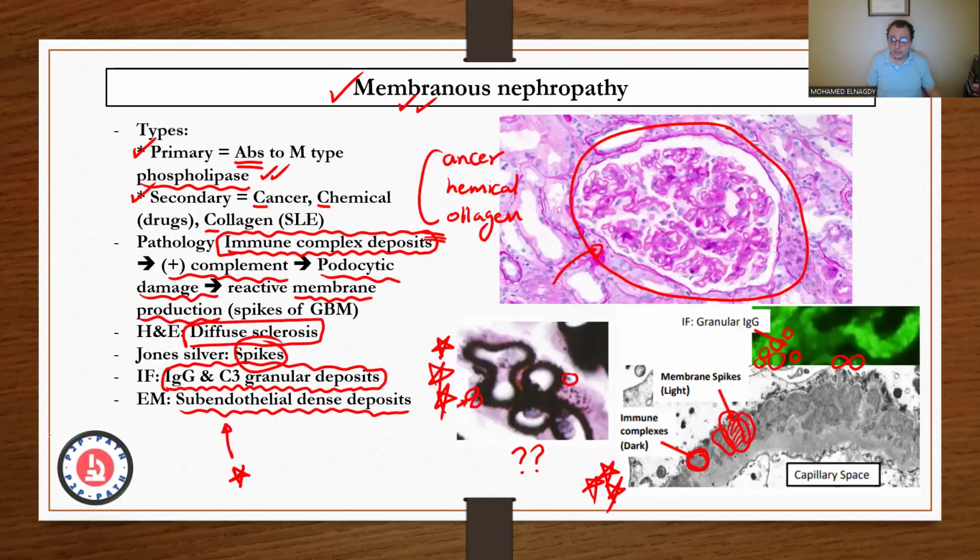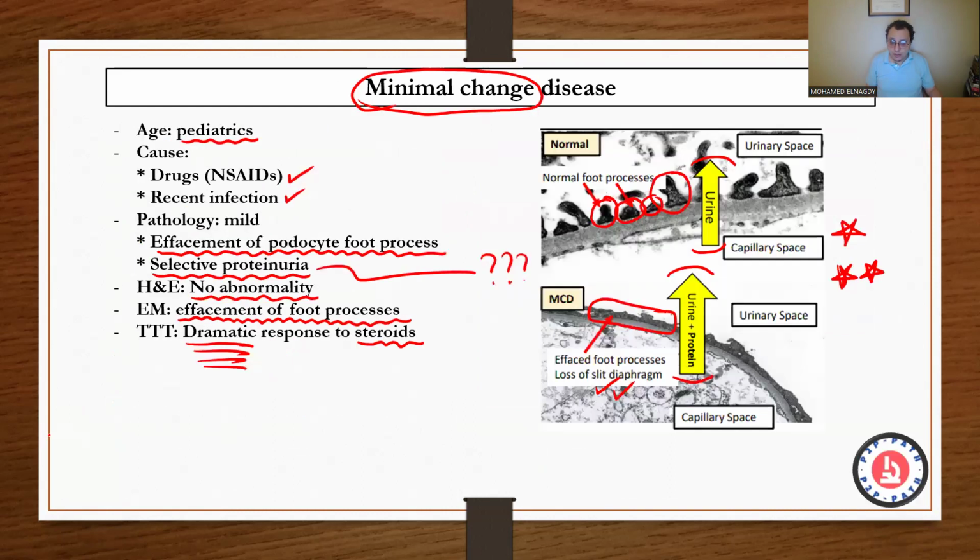That's it for the nephrotic syndrome. So minimal change in pediatrics due to drugs or infections. Selective proteinuria. Minimal change means no change on H&E and effacement of foot processes of podocytes by electron microscopy.